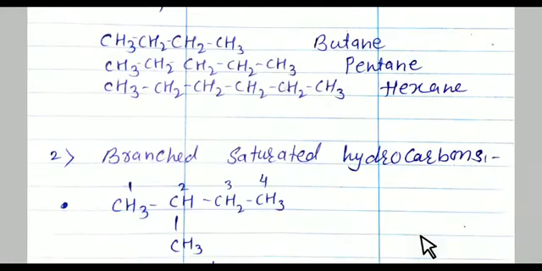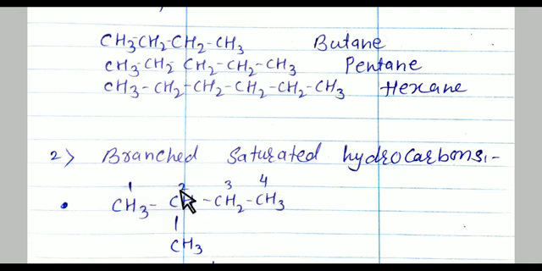Now see the branch chain alkane, or saturated. Saturated means the tetravalency of carbon is satisfied, so it is known as saturated hydrocarbon. Hydrocarbon means the compound which is made up of carbon and hydrogen. Now this is the branch chain alkane. You have to number the longest carbon chain.